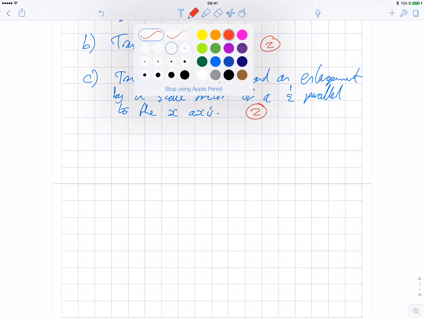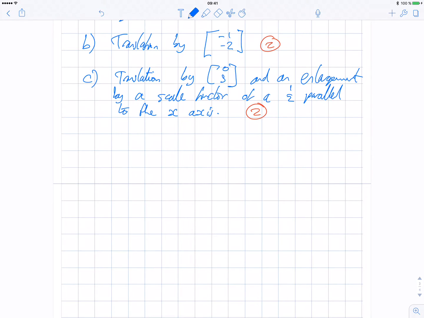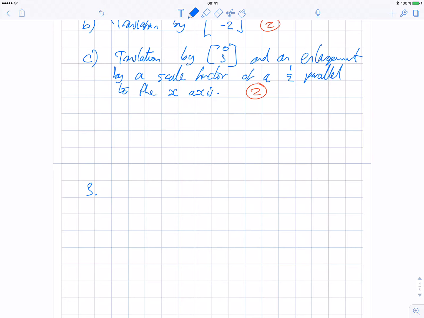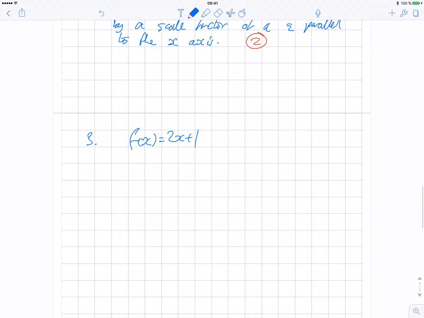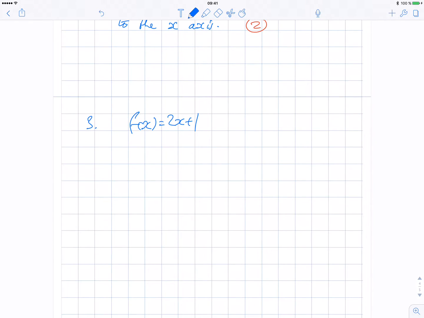And finally, question 3. For f of x is equal to 2x plus 1, sketch the graphs and label the new functions of a, f of x minus 2.